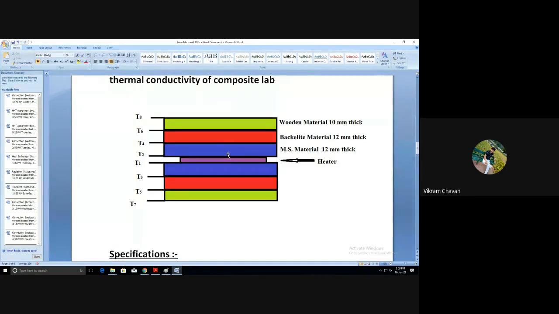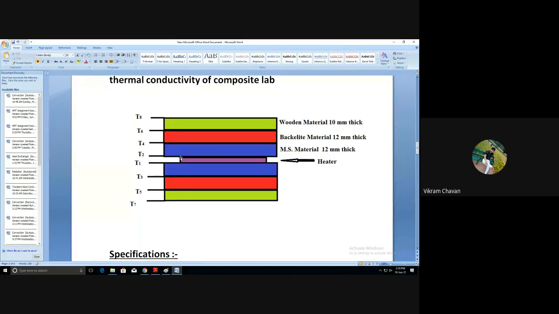Now, to provide the heat uniformly to this composite wall, one plate is introduced over here, which is an aluminum plate. Above the heater, one aluminum plate of 6 mm thickness is placed. Why is the aluminum plate used?